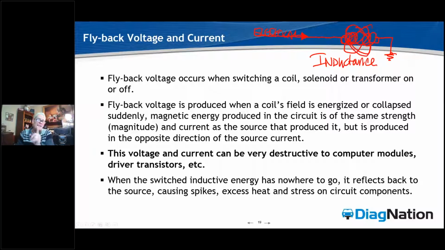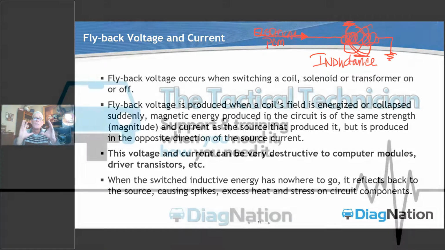Now that magnetic field, guys, is of the exact same amplitude and current strength as the electrical field, or the PCM, that just produced that voltage and current to drive that motor or coil. Really important diagnostic consideration, which is why I want you to study inductance. It's becoming more and more part of our life.